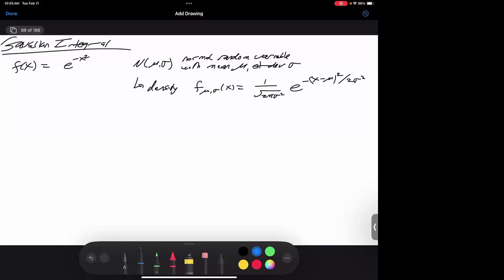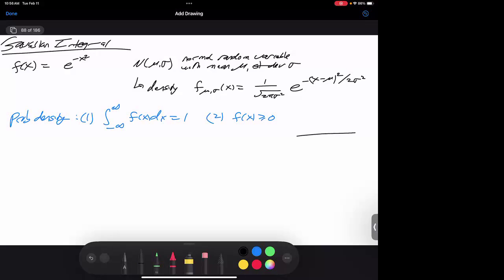And so for a probability density, you have 2 properties. The integral from minus infinity to infinity of f of x dx equals 1, and f of x is non-negative.